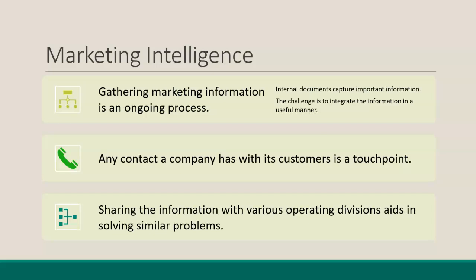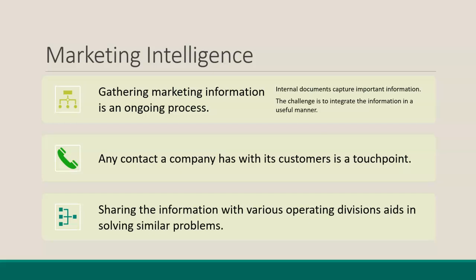The challenge is to integrate the information in a useful manner. That's what is expensive, but it is also very important that the information that you gather is not just random information. You have to make sure that what you're gathering is going to be useful for your marketing campaign and for the organization as a whole.